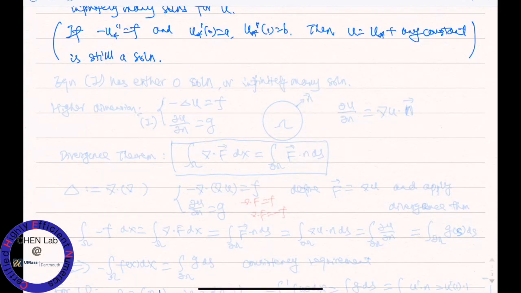So that means if you number this equation 1, equation 1 has either 0 solutions when this condition is not consistent, or infinitely many solutions when the boundary condition is consistent.